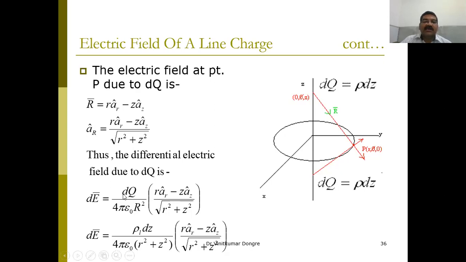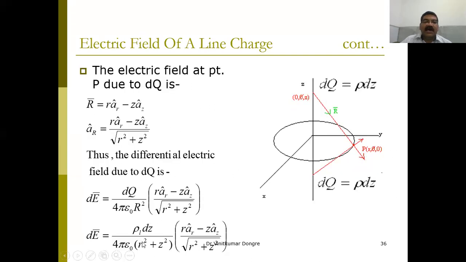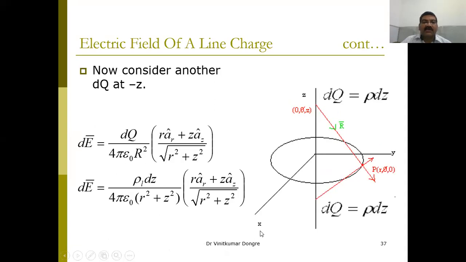Now do the simplification. dq can be written as rho L dz, and r squared is r squared plus z squared. These values are put in here. Okay, now you can solve this.